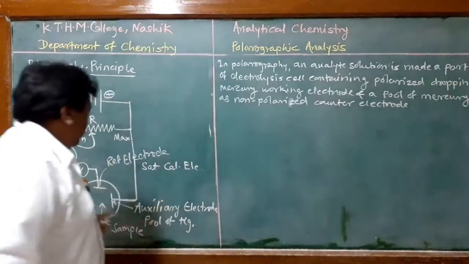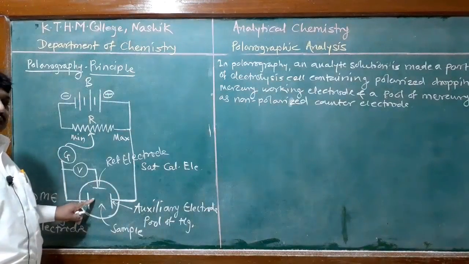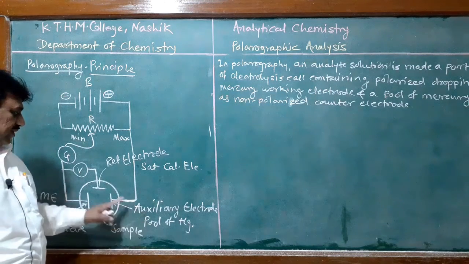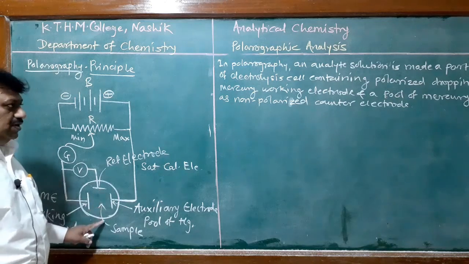Therefore, the analyte solution is made a part of an electrolysis cell containing a DME, dropping mercury electrode, a pool of mercury, and a reference electrode.